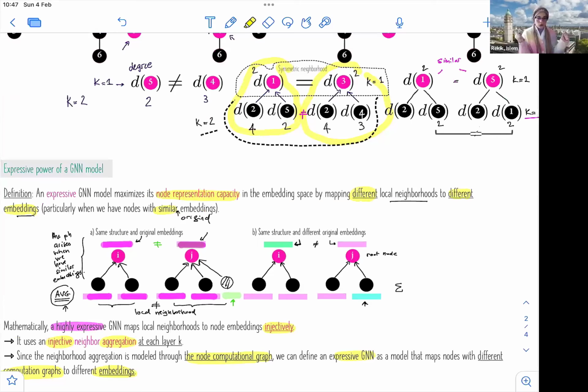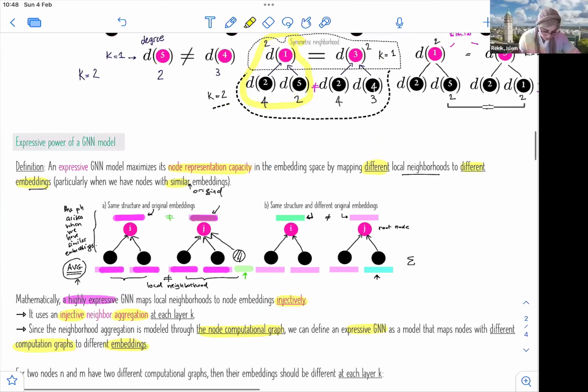Okay, so I hope that you guys get this clearly, especially as I said, the problem arises when we have identical original features. Will our network still differentiate between different neighborhoods, okay? So now let's look at this together, how we formalize it.